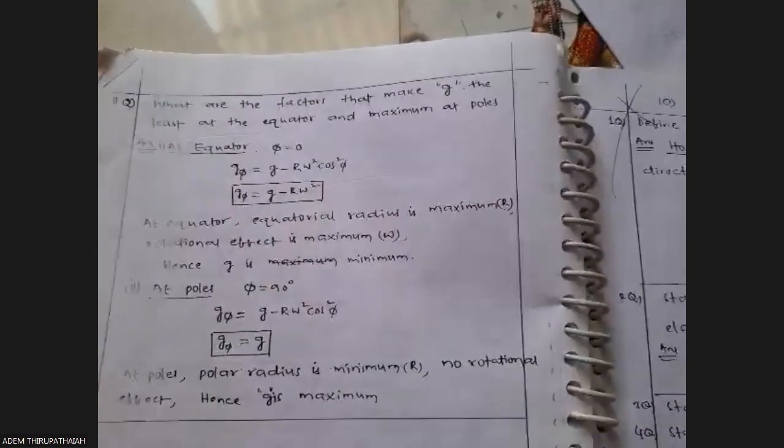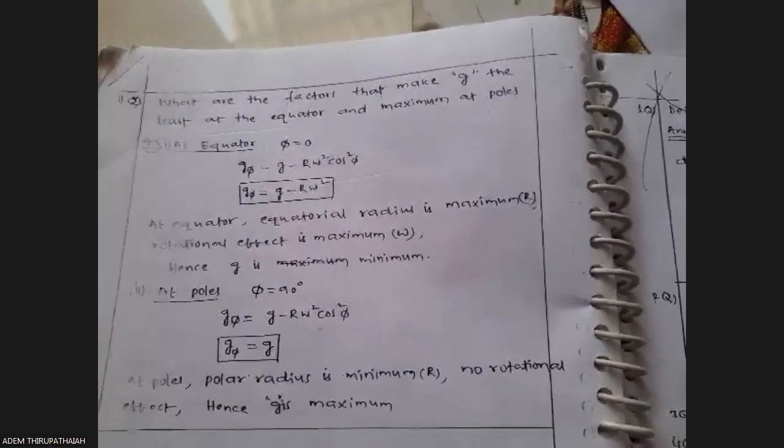What are the factors that make g the least at the equator and maximum at the poles? Here we just use the formula. g_phi is equal to g minus R omega square cos square phi. At the equator, phi is equal to 0, cos phi is 1, so the term is R omega square.